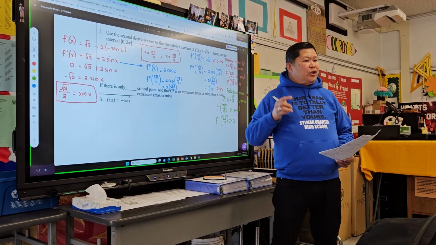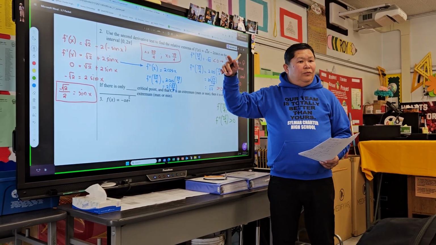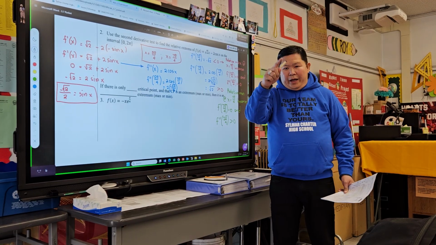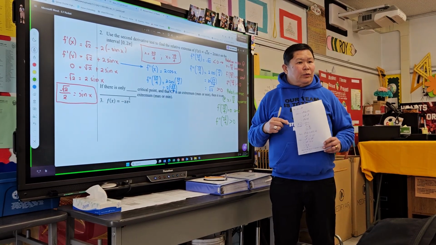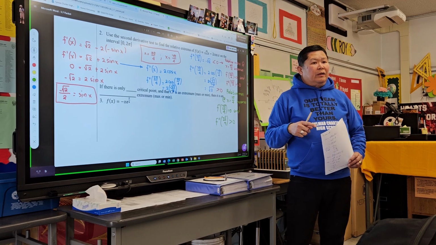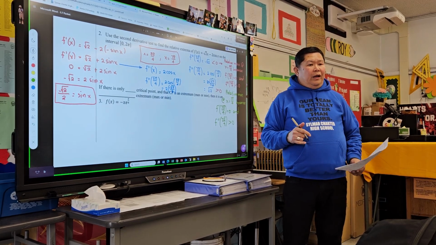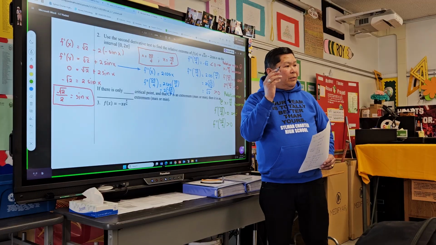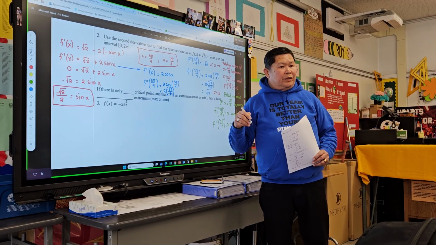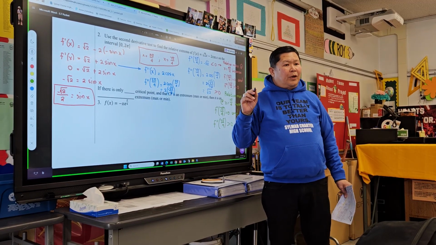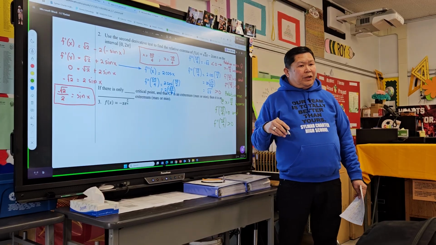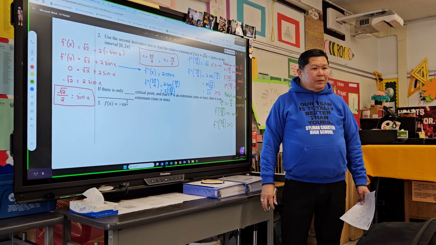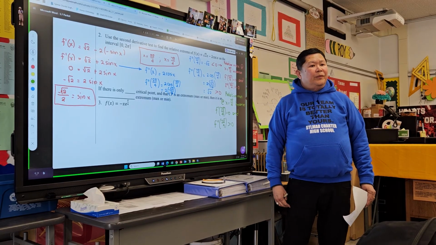And then mention that f prime of the critical point must be equal to 0. Then you have to reason out because f prime of the critical point is 0 and f double prime of a particular critical point is either less than or greater than 0.